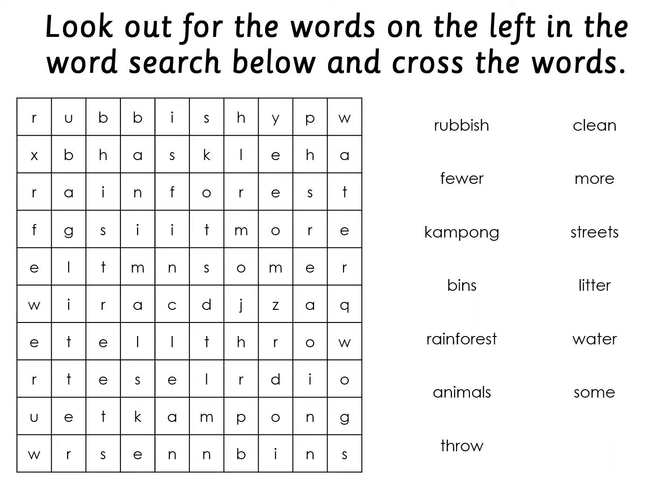Rubbish, fuel, kampong, bins, rainforest, animals, throw, clean, more, streets, litter, water, some. Okay, I'll show you one example. If you have found the words, so you cross out the list.